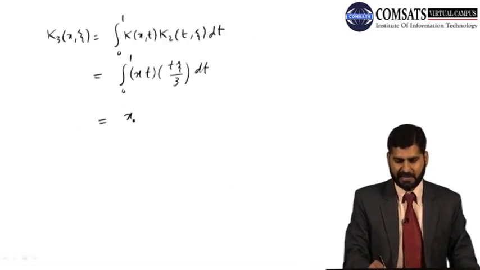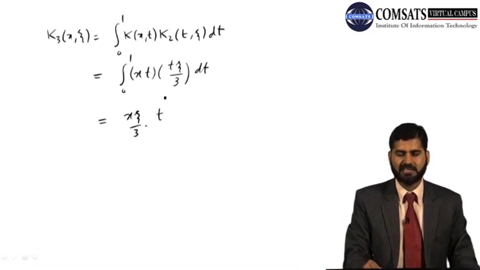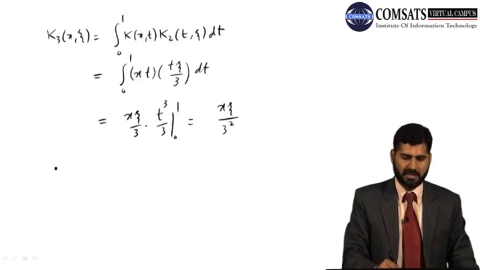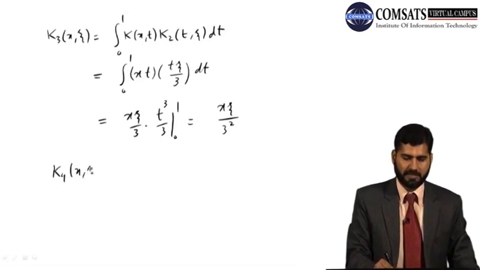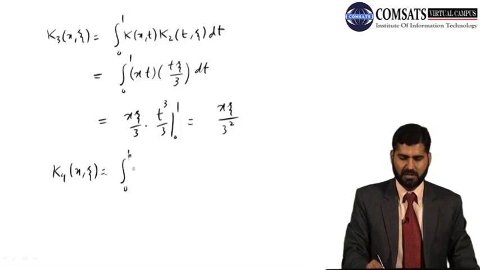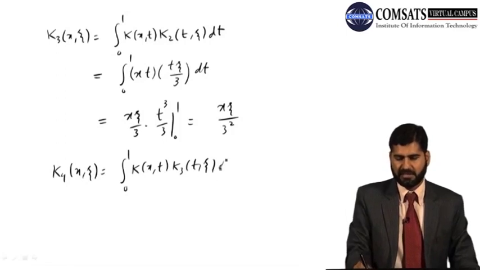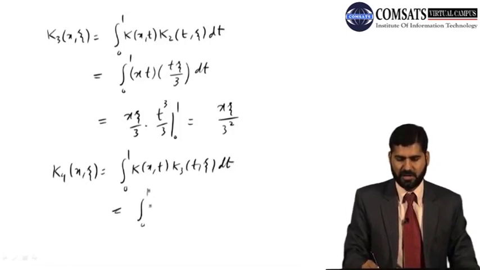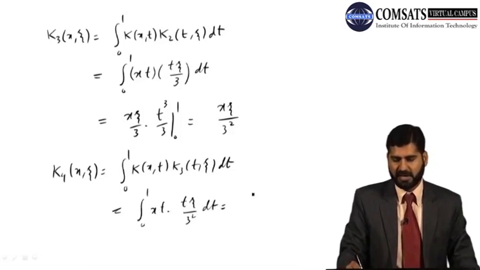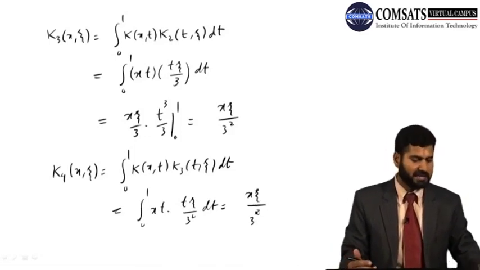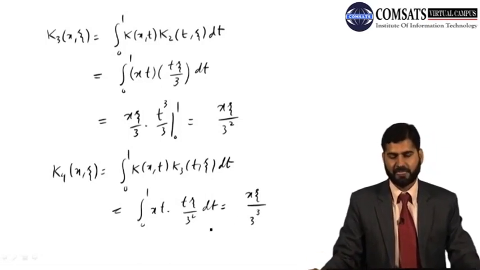So x xi by 3 is common now, and inside is t square, so it's again t cubed by 3 from 0 to 1. It is 1 by 3. So x xi by 3 squared. All right. Similarly, if you find K4(x, xi), you will get the integral from 0 to 1 of K(x, t) K3(t, xi) dt, which is the integral of x t times t xi by 3 squared dt. This will become x xi over 3 cubed. Right? So every time you are getting the power increased by 1 by 3.